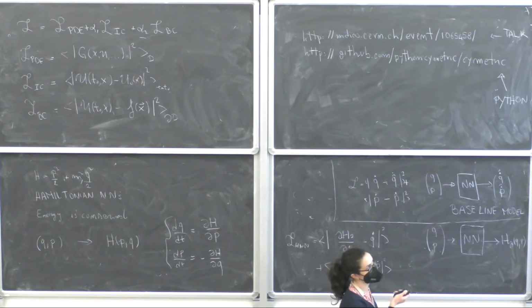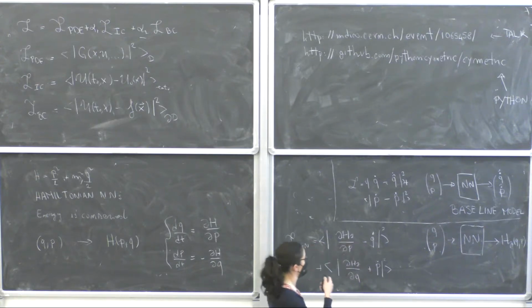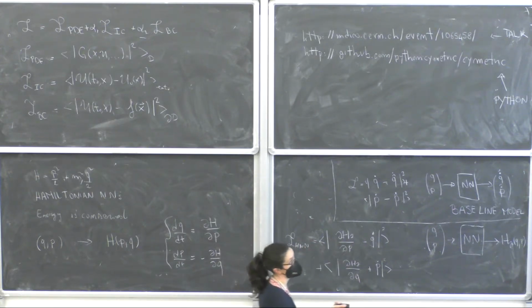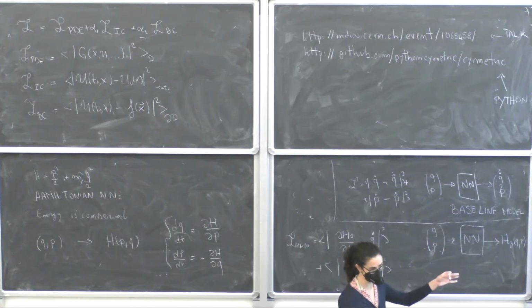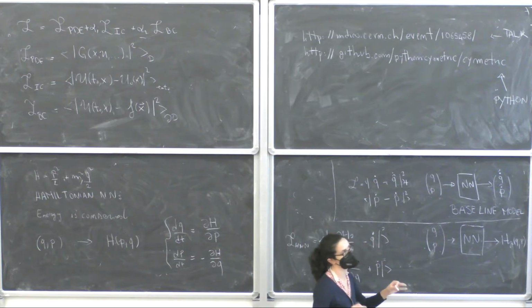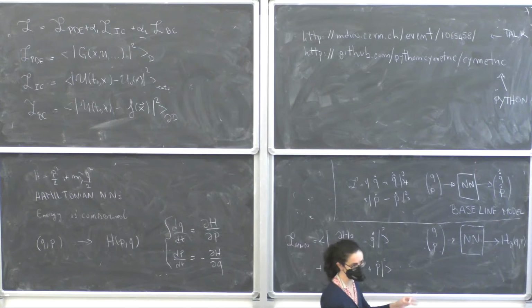Instead of H, you assume that your network is approximating your Lagrangian, and instead of using the Hamiltonian equations, you use the Euler-Lagrange equations. Also in this case, the Lagrangian neural network would be given by a bunch of second derivatives. So also in this case, you are going to be able to conserve the quantities of the system, in case the system has any quantity which is conserved.